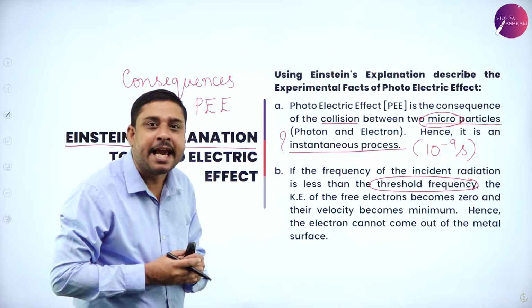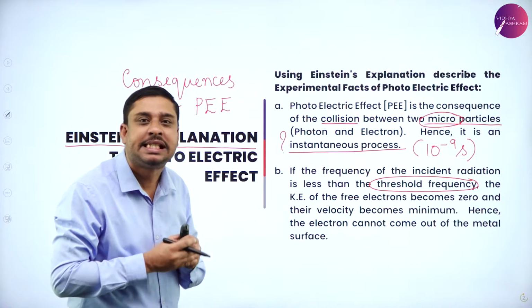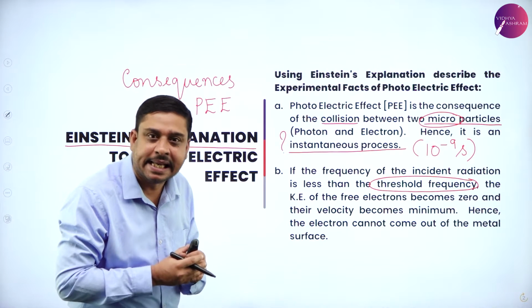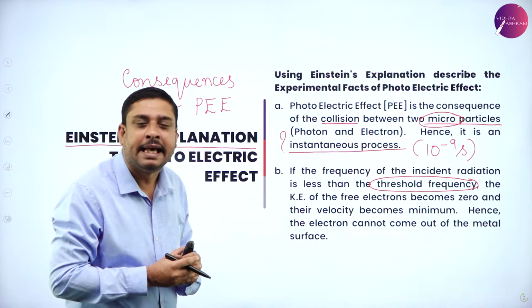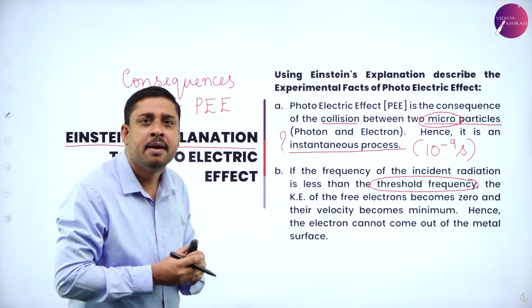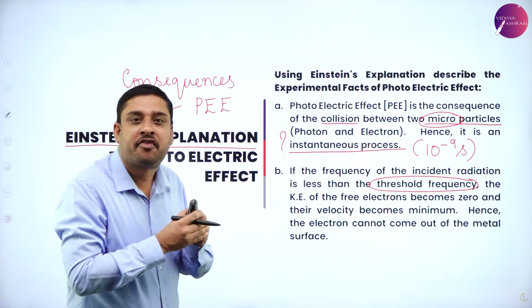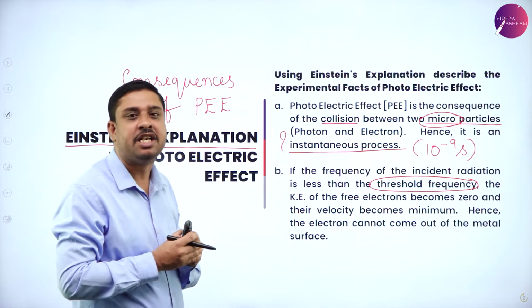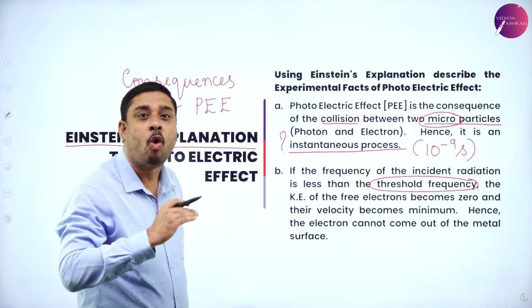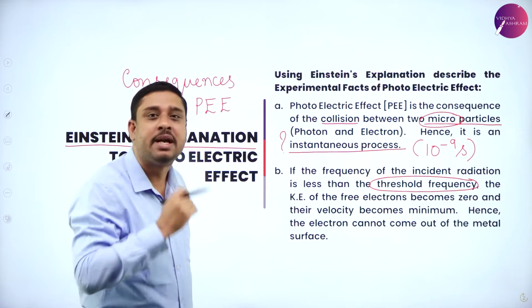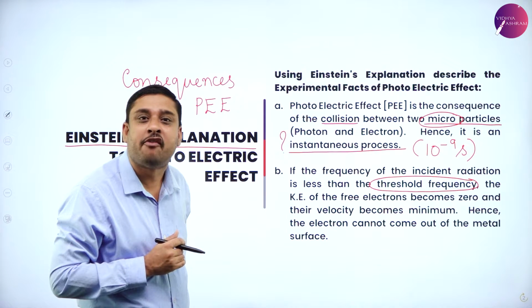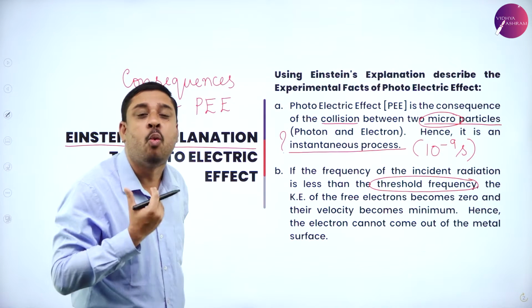For every photosensitive material, there has to be a minimum frequency of the incident radiations, only above which liberation of electrons happens.